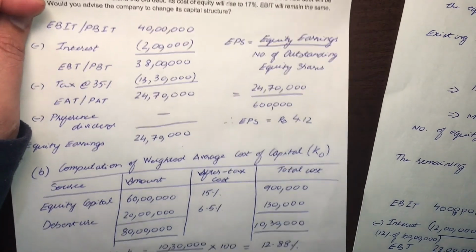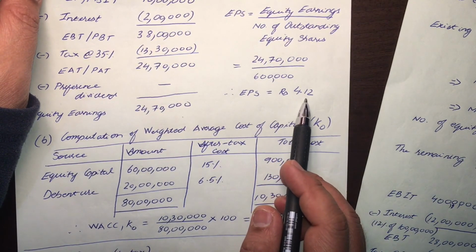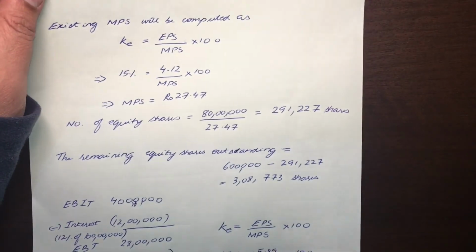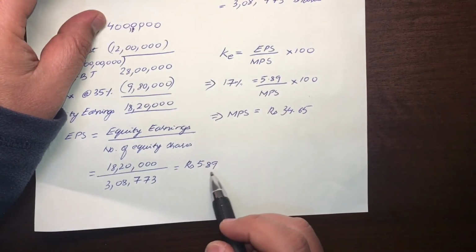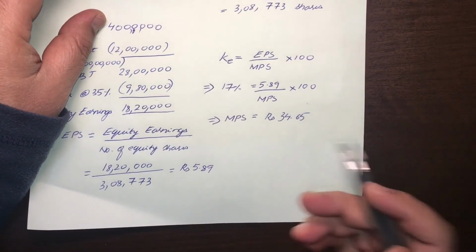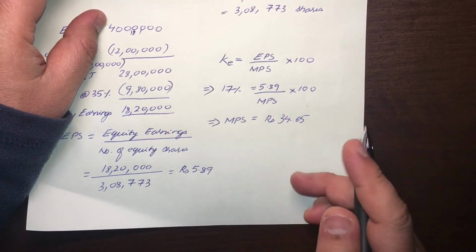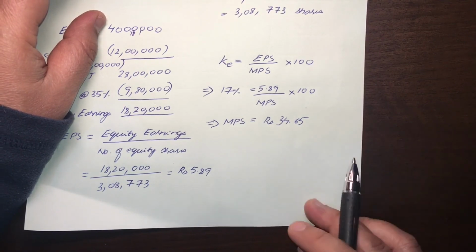Now, what was the old EPS? The old EPS was 4.12, right? And the new EPS is 5.89. So there, the EPS itself has increased. So there itself you have a reason to change the capital structure.